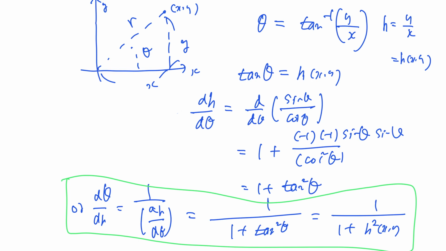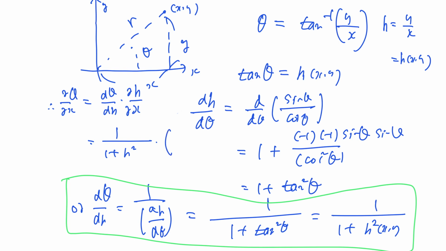Therefore, partial theta over partial x is d theta over dh times partial h over partial x, which is 1 over 1 plus h square times minus y over x square. Right?